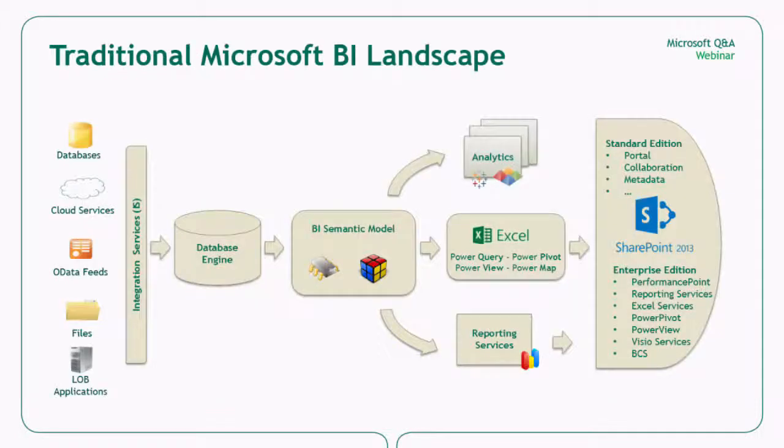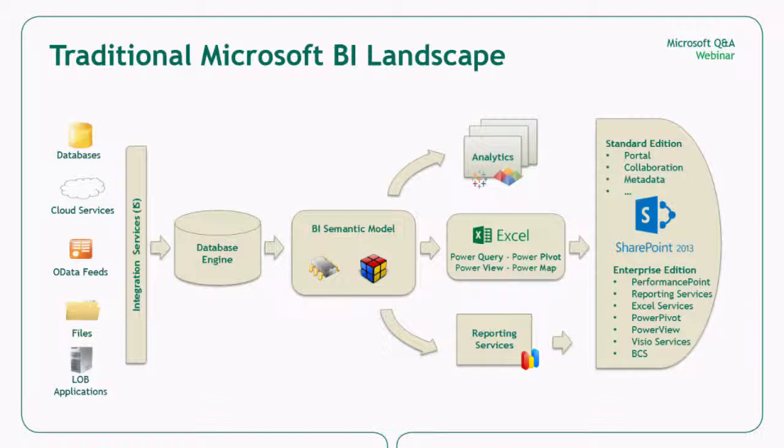I'm going to end just by looking at how the architectural landscape might change under this scenario. So here's a traditional Microsoft BI landscape. We've got our SSIS, our integration services on the left, taking data from a number of sources into a database engine, SQL Server most likely, and then modelling that through a semantic layer, analysis services, or the new tabular model.